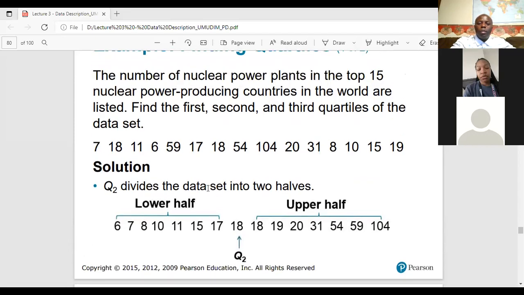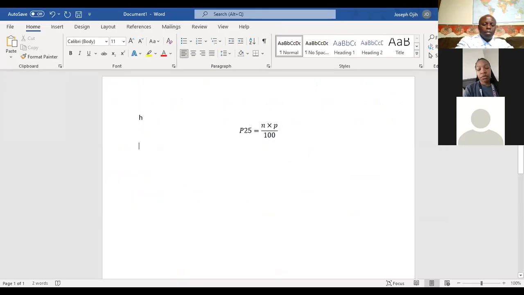So let's find the Q1. Q1 will be, now, N is 15. Here, N equals 15. Now, P: remember Q1 is the 25%.